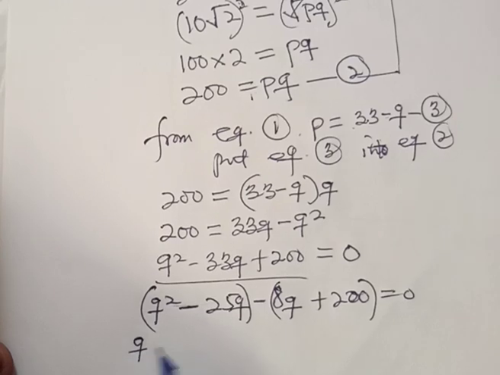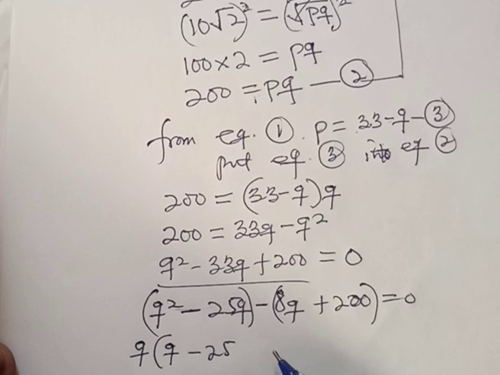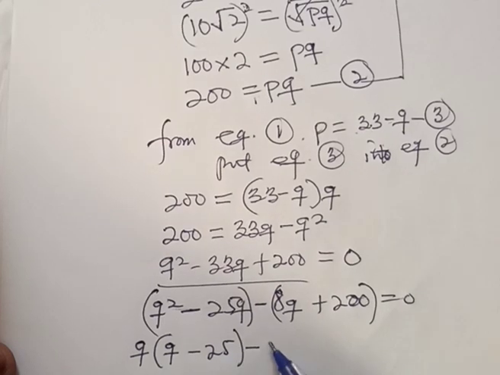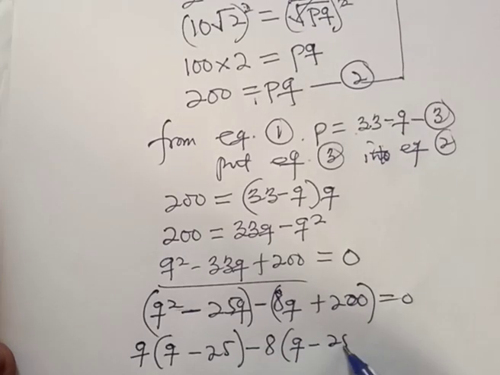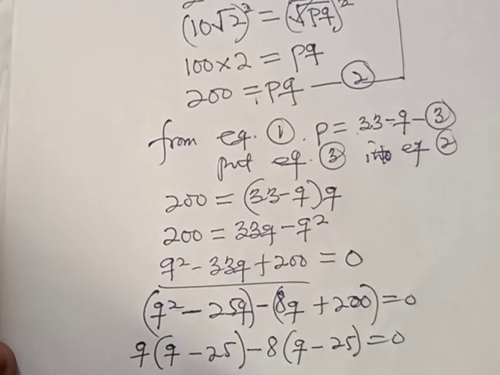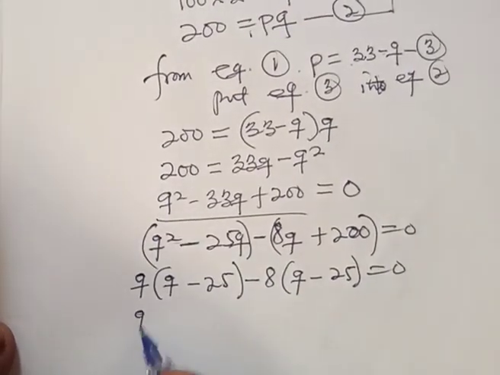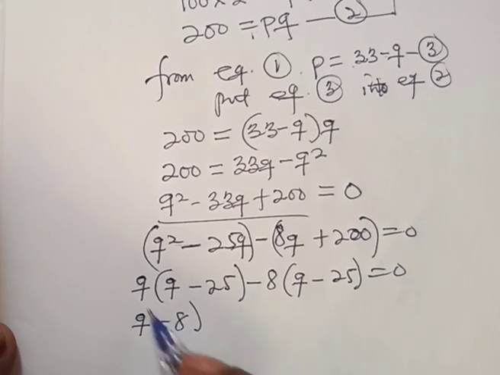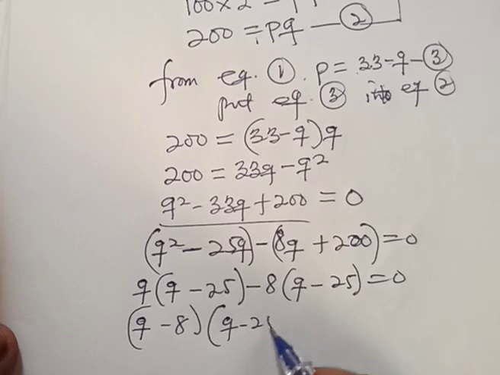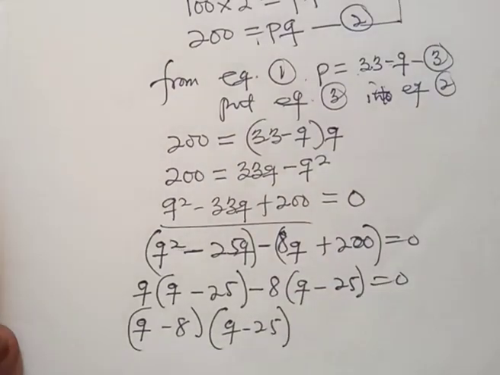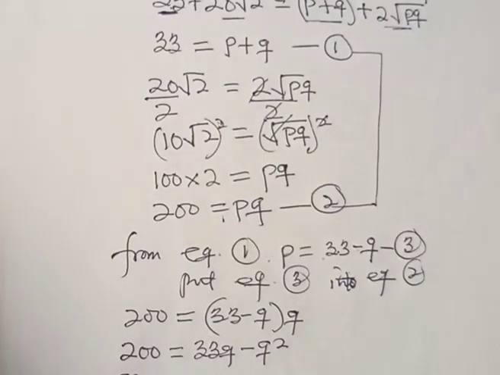Then I'll factor Q out, where I have Q minus 25. And then I can factor 8 out, and then I have my Q minus 25, which is equal to 0. Okay, great. So I'll put those outside. Now I have my Q minus 8, and then I have my Q minus 25. All right, good. So let's continue.